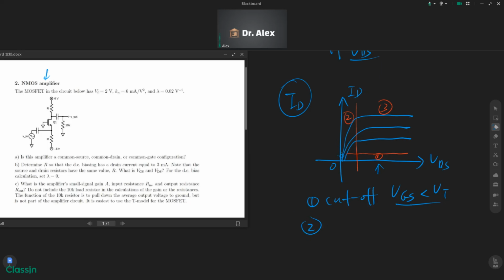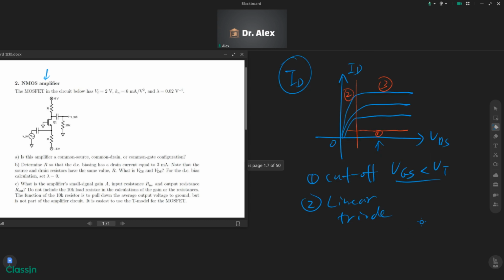And the second region is called the linear region or triode region, which means the ID current will increase with the increase of VDS. In this area, VGS is bigger than VT, and VGS minus VT is bigger than VDS.